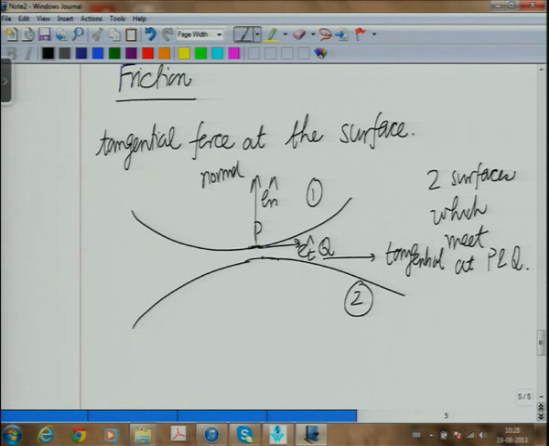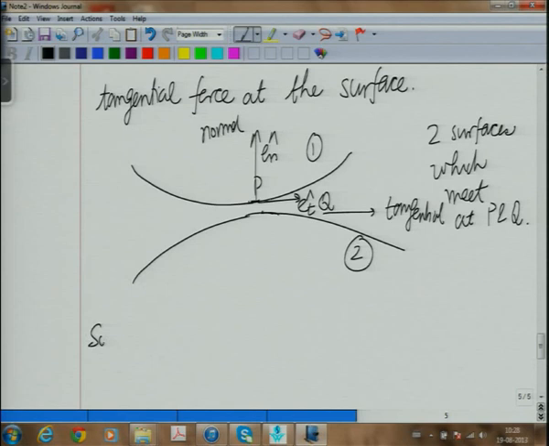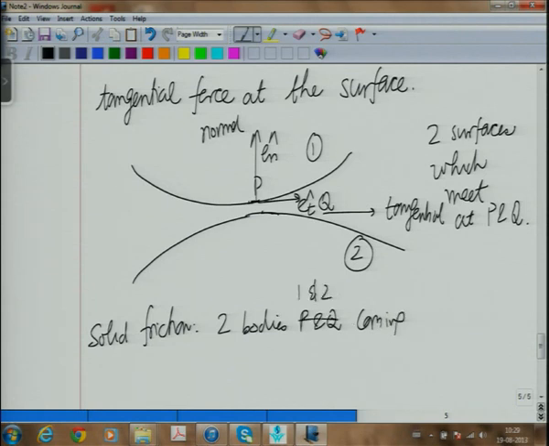Okay, so that is what friction is. In this course we will be talking mainly of solid friction, which means we have two bodies P and Q, or two bodies 1 and 2 coming in contact with each other.